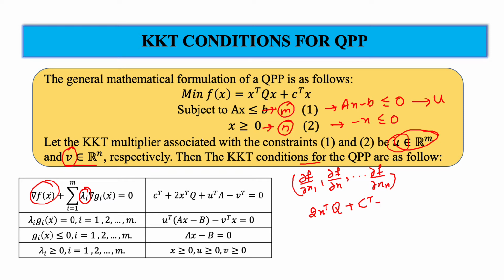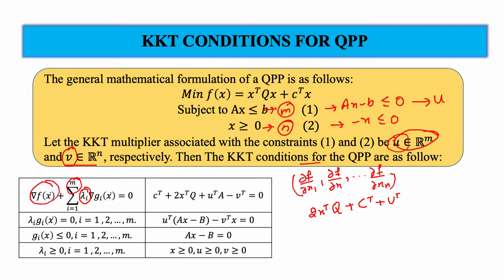Then u transpose is the KKT multiplier for the m constraints. Basically, for these constraints it will be lambda 1 gradient of g1, lambda 2 gradient of g2, lambda 3 gradient of g3 and so on till m. So m constraint multipliers will be there, and u transpose is the transpose of them.